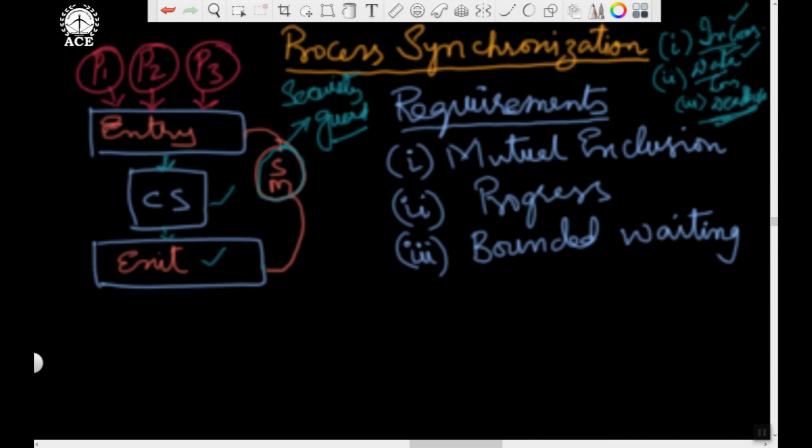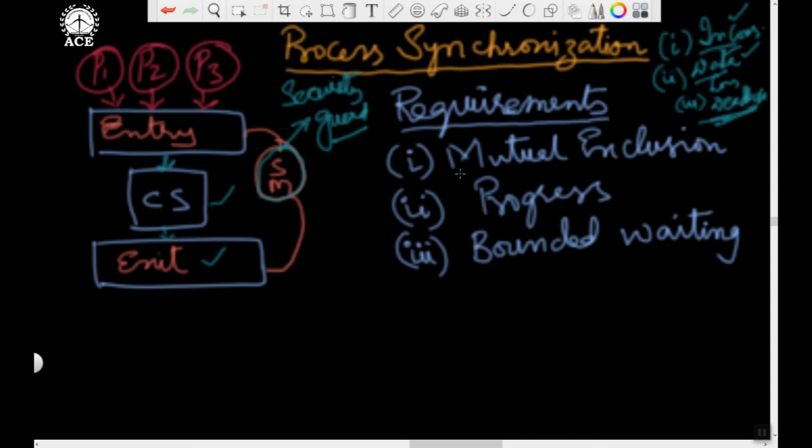P2 and P3 are waiting, so they will get the signal saying, okay, the critical section has become free, P1 says I'm going out. Then P2 or P3, any one of them, will enter the critical section. Then P2 comes out after executing its part and signals P3. Then P3 will enter. So sequentially we allow one by one. That is the job of this synchronization mechanism.